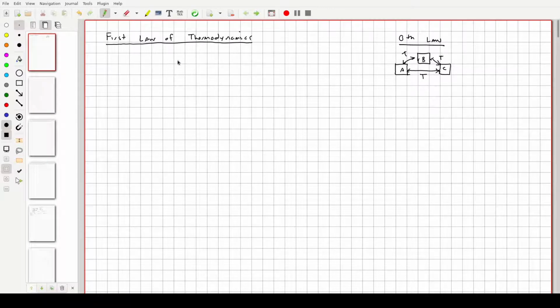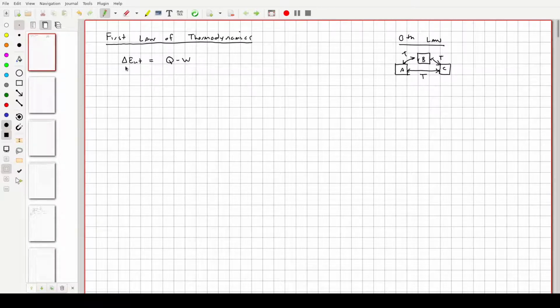Now, the first law is sort of like conservation of energy for thermodynamics. If you look at the way your book writes it, your book says that a change in internal energy is equal to Q minus W. Now, I'm going to change terminology here.